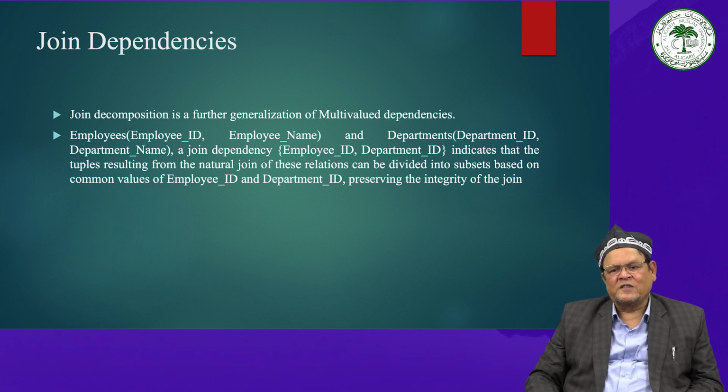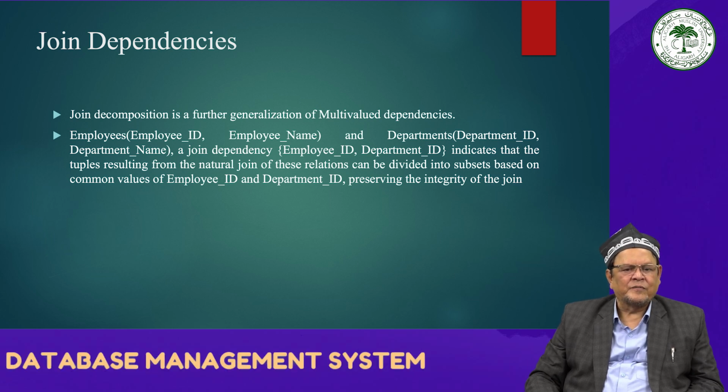Formally, a joint dependency asserts that the tuples resulting from a natural join operation between two or more relations can be partitioned into subsets such that the natural join of these subsets precisely reconstructs the original relation instance.